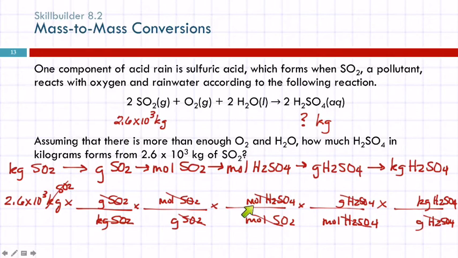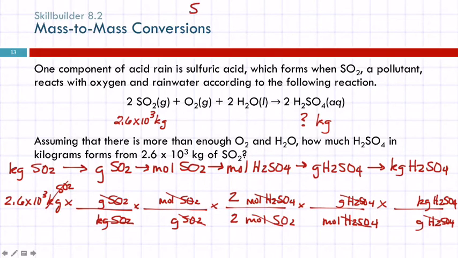So the easy one is the mole to mole in the middle. H2SO4 has a coefficient of 2 in front of it, so I'm going to write 2. And SO2 also has a coefficient of 2. I'm going to write 2 in front of the SO2. Then I need a molar mass for SO2. I'm going to do those at the top.